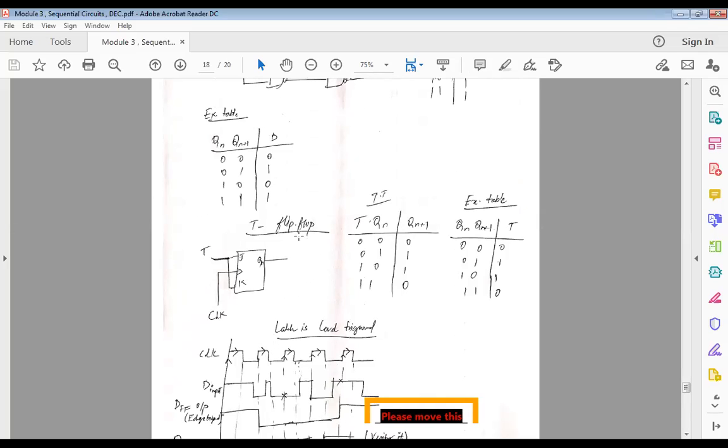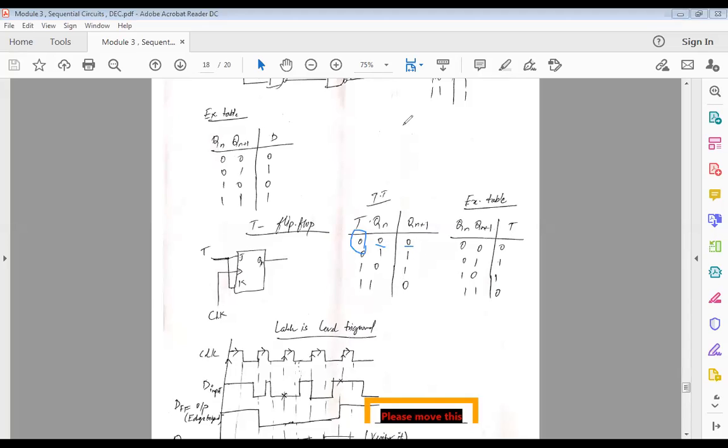So for a T flip flop, we made a certain configuration, same JK flip flop, but both J and K are shorted, and then just given one input, and that is T. So here you can see the truth table for your T flip flop. Whenever your T is 0, whatever is your output, the same thing is continued, right?